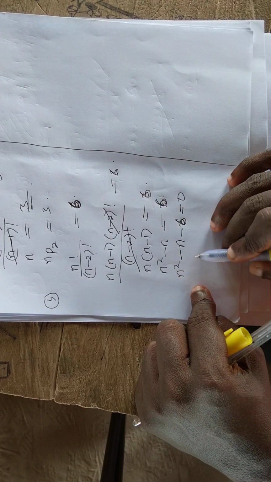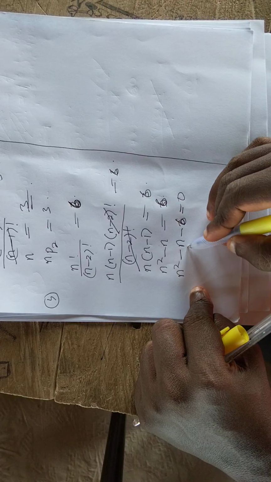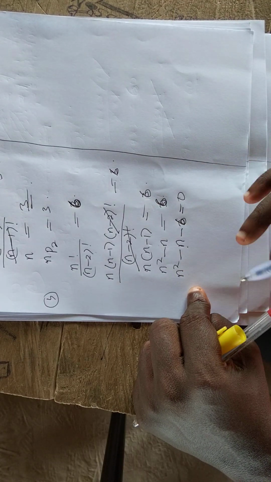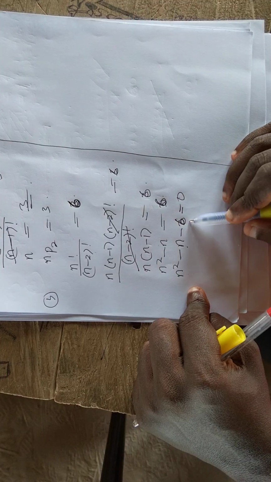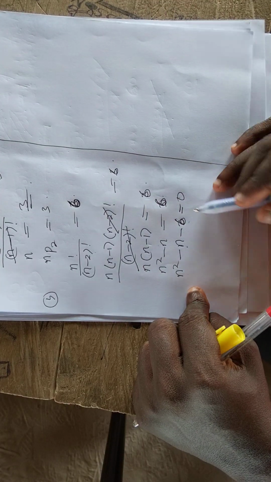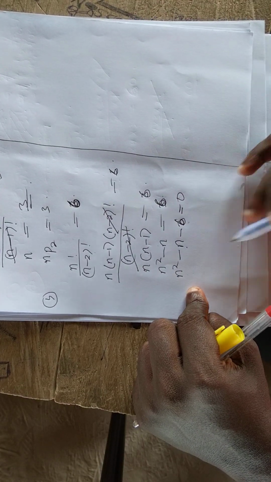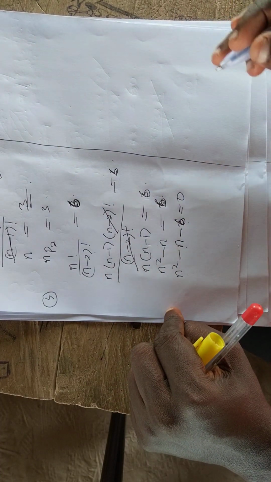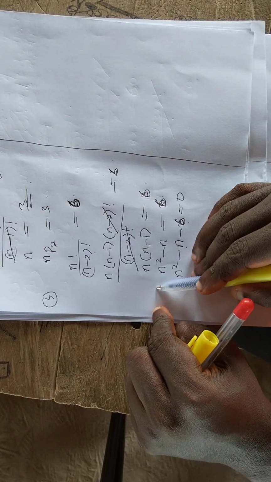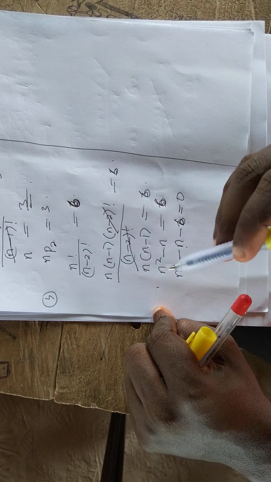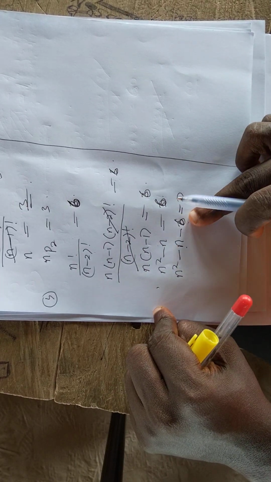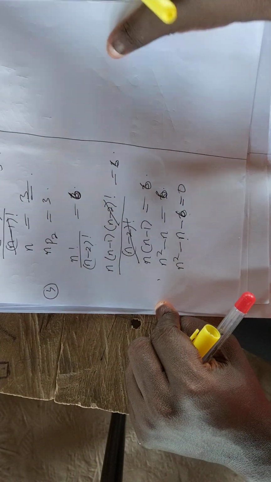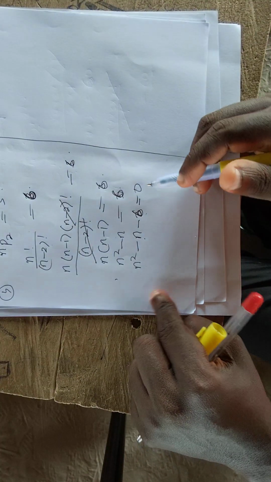But if they are added, we are going to have minus 1, because this is minus 1n. So which two numbers are we going to multiply to have minus 6, then when we add them, we have minus 1? So if we try plus 2 and minus 3, plus 2 times minus 3 will give us minus 6, while plus 2 minus 3 will give us minus 1. So the two numbers will be plus 2 and minus 3.